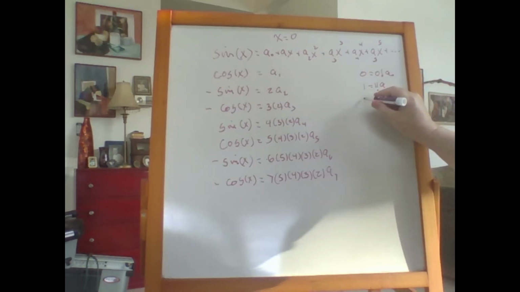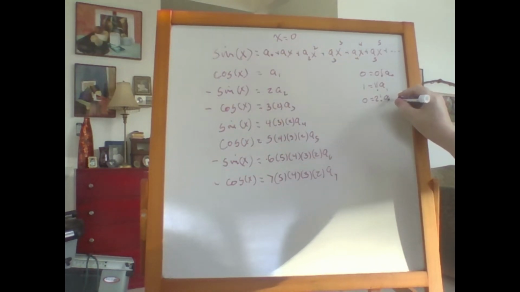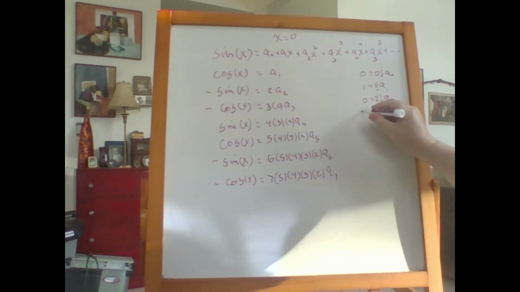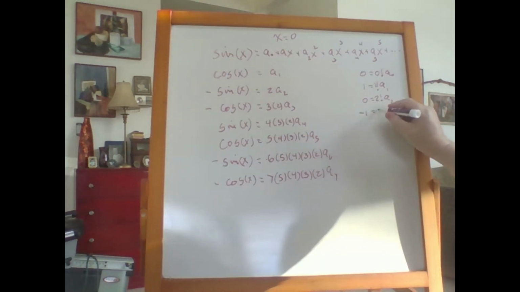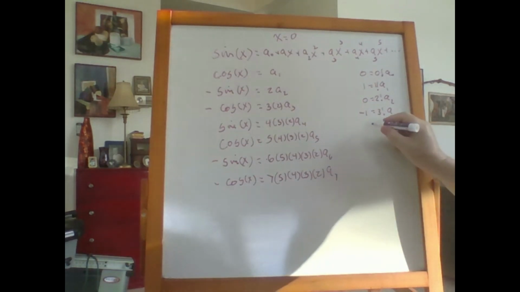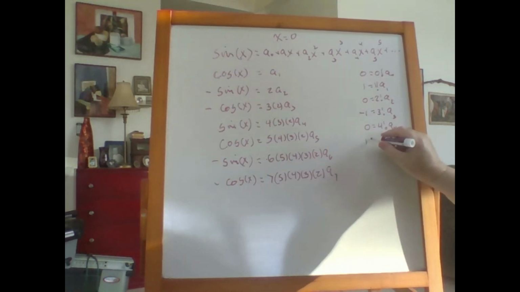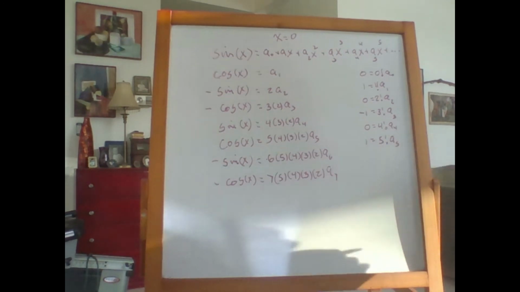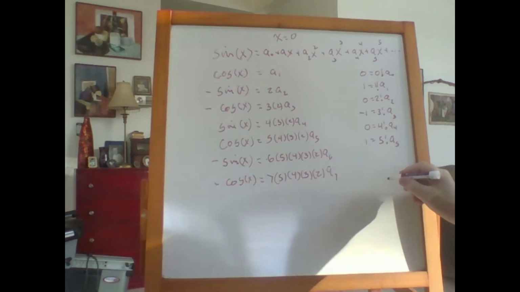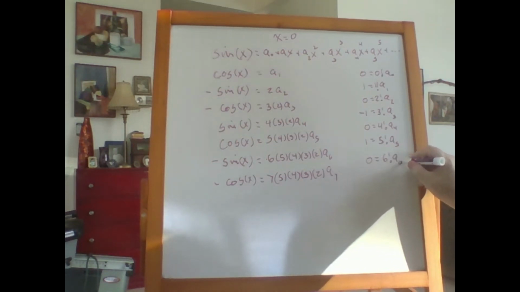We got 0 equals 2 factorial a2. We have minus 1 equals 3 factorial a3. 0 equals 4 factorial a4. 1 equals 5 factorial a5. And 0 equals 6 factorial a6.